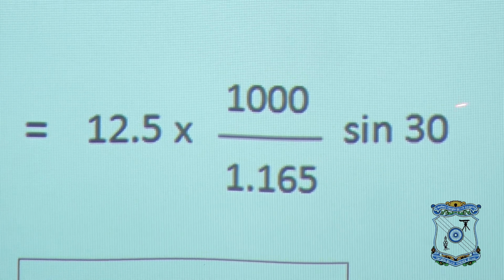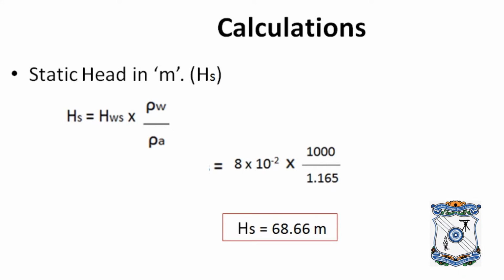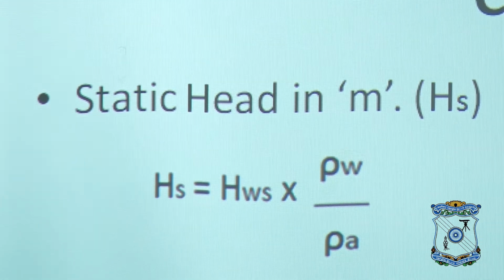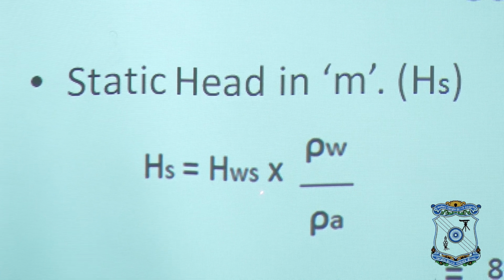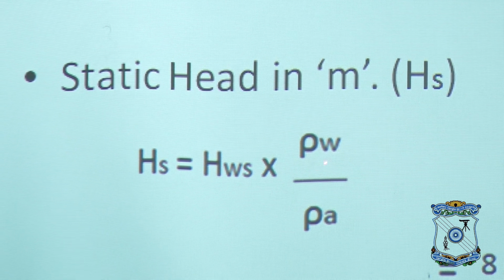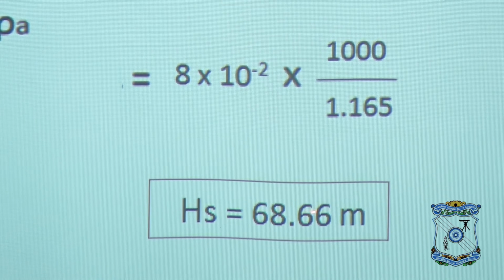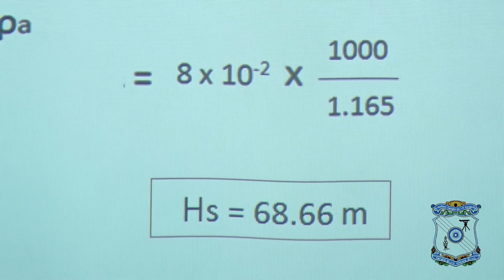You will get the value of the delivery head in terms of meter of air. Then the static head, HS: HWS is known to us in centimeters, into density of water and density of air. The centimeter is converted into meter of air, that is HS is equal to 68.66 meter of air.